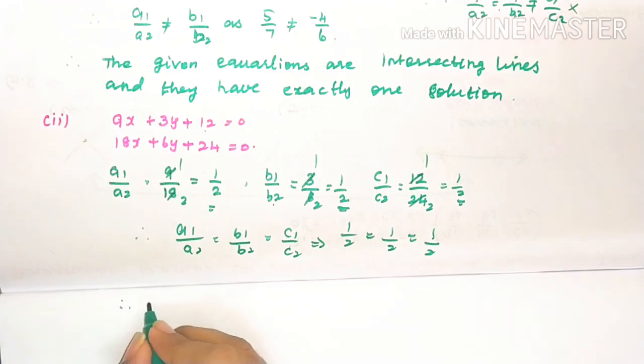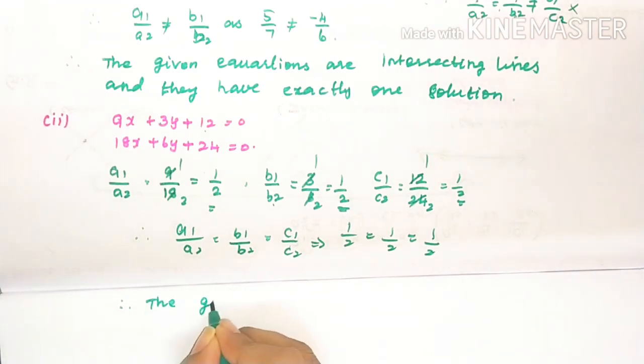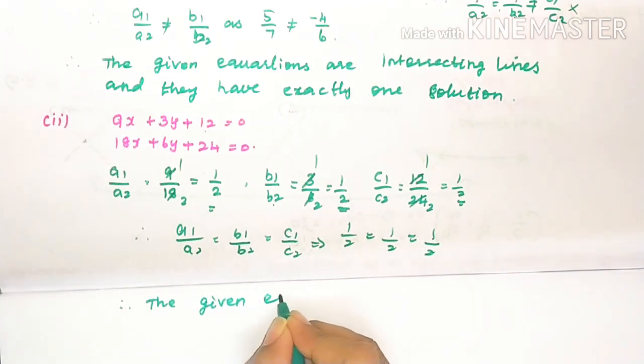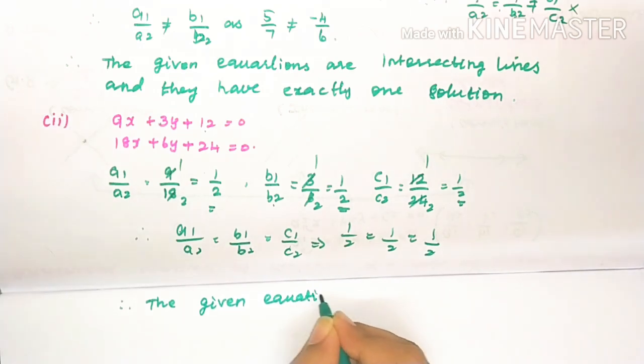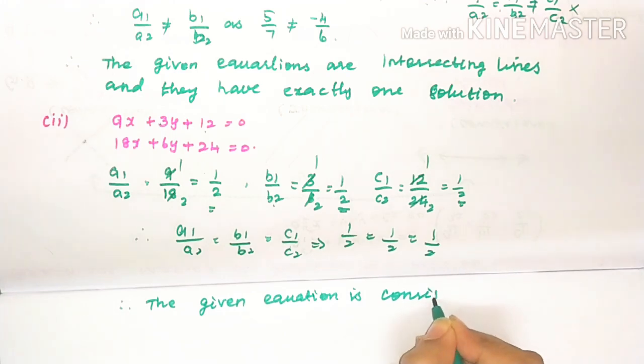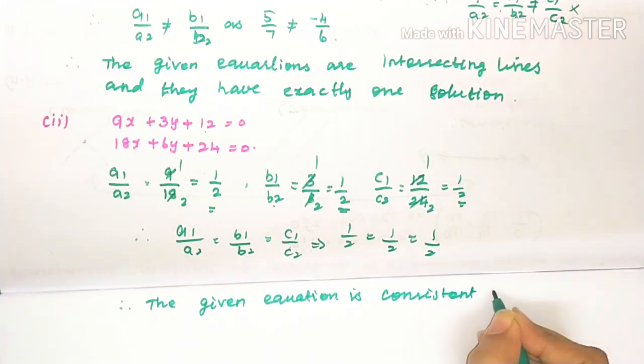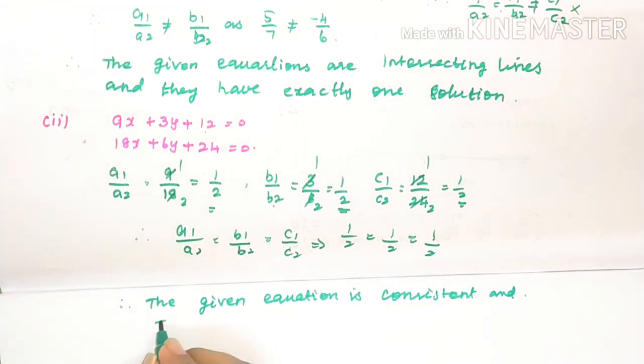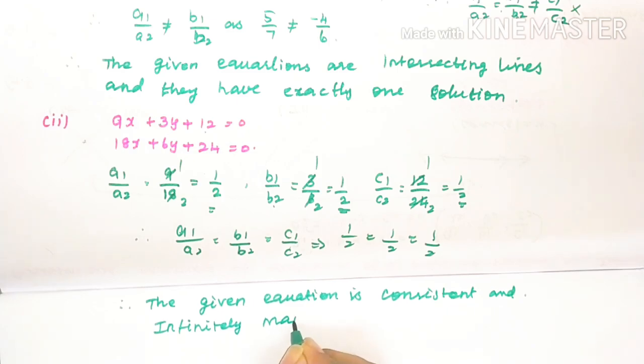So the given equation is consistent and has infinitely many solutions. Already you know very well, infinitely many solutions we only say as consistent.